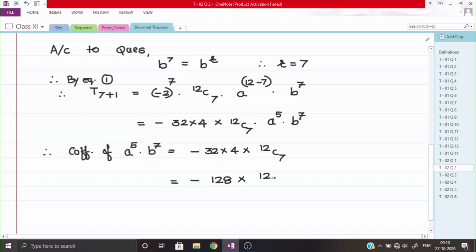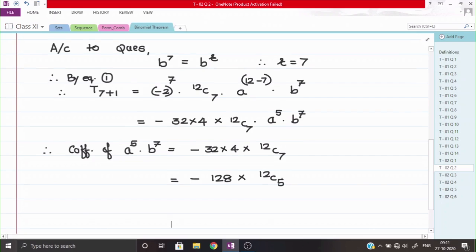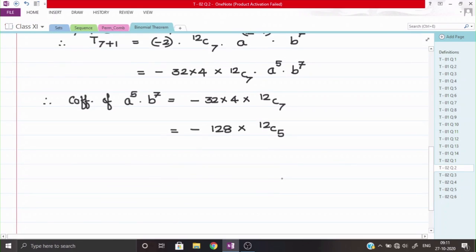I can write 12C5, since 12 minus 7 is 5, it will be easier for us to expand, and it will be minus 128 into 12. I will expand up till 5 places, and upon it will come factorial 5. So 5 into 4 into 3 into 2.